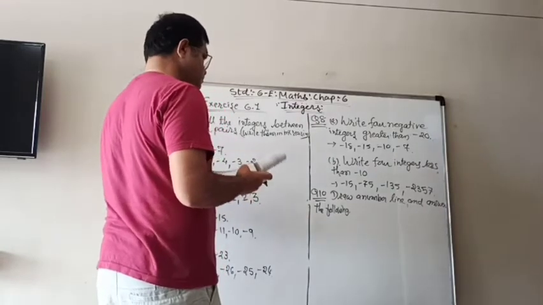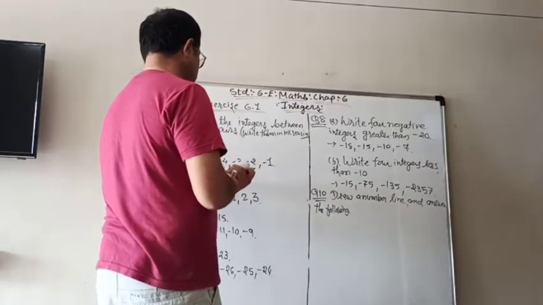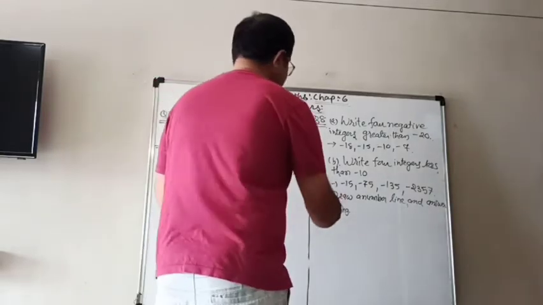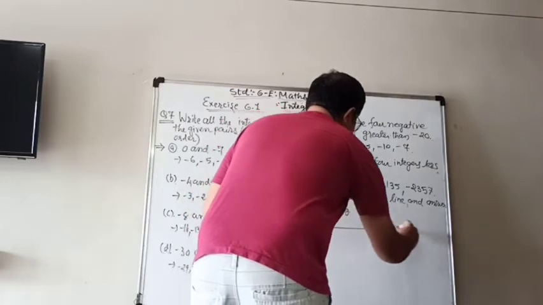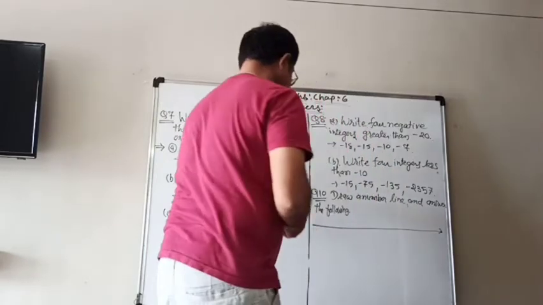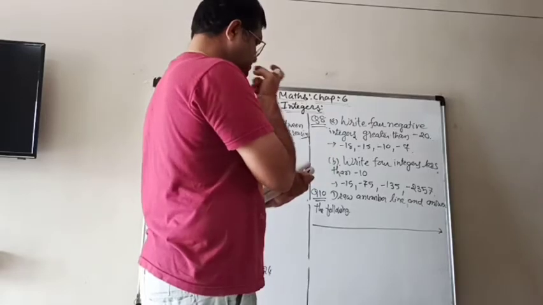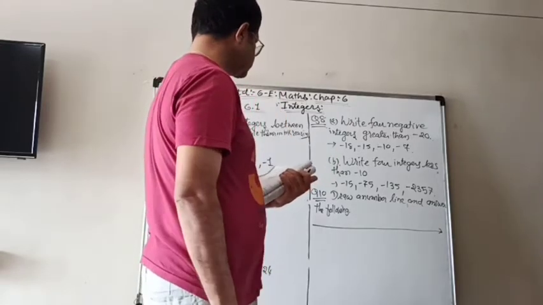So here we will draw a number line first, and then we can see from the number line.